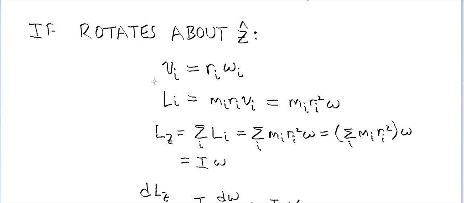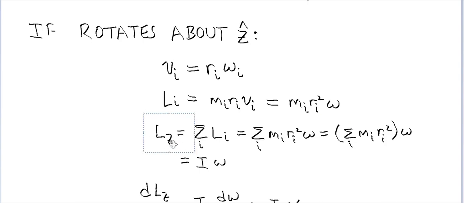And so we could say that L is mi Ri squared omega, right? Since V itself is R omega, L, which is MRV, is just going to be MR times R omega, which is MR squared omega.